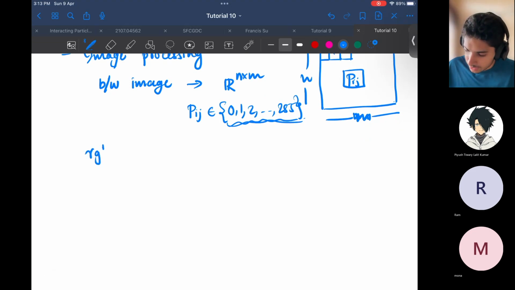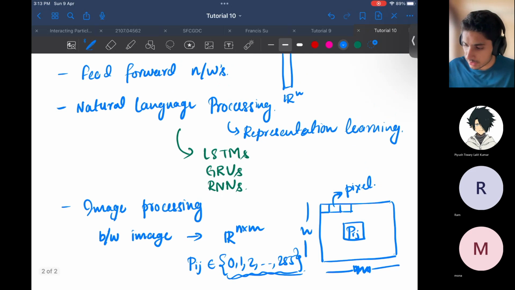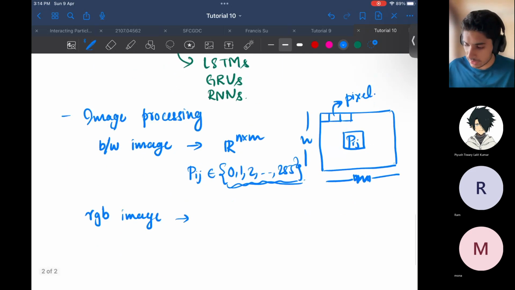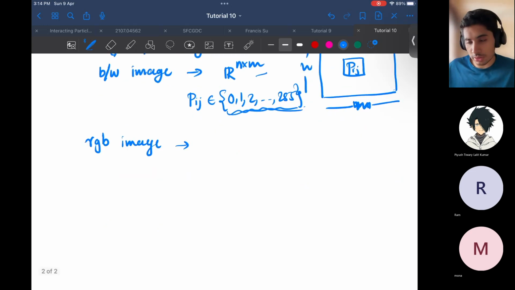If you take your general RGB image, which has three channels, it is not a vector like this. It is not an R^n vector. It is a matrix, like R^(n cross n). In fact, the word generally used for something above two dimensions is tensors. So it is something like width cross height cross channel.